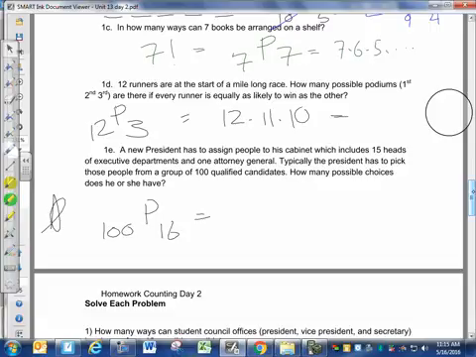Mr. Messenger, is this? Yes. Alright, sweet.